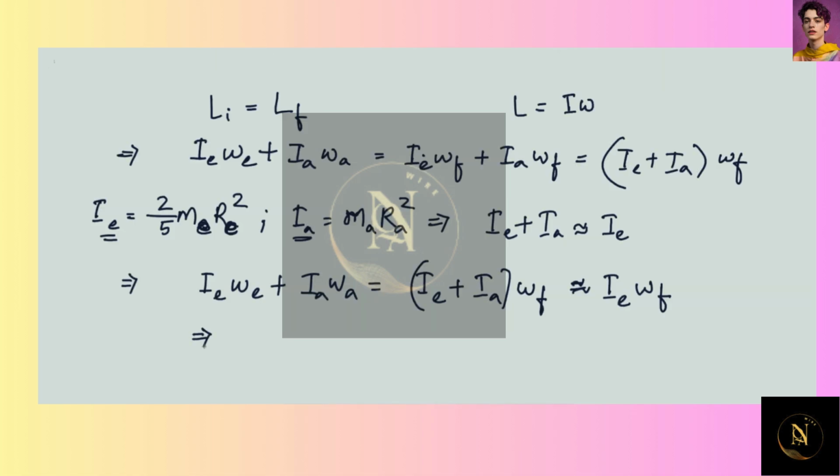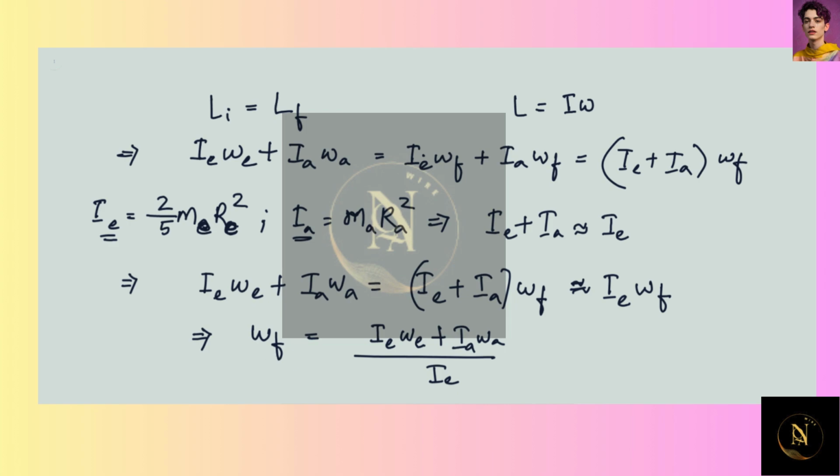From here, we can write omega F to be equal to (IE omega E plus IA omega A) over IE. Now for the percentage change, first we need the fractional change.